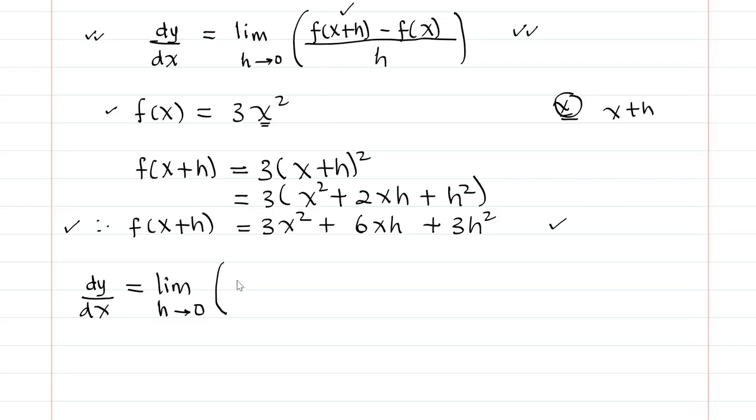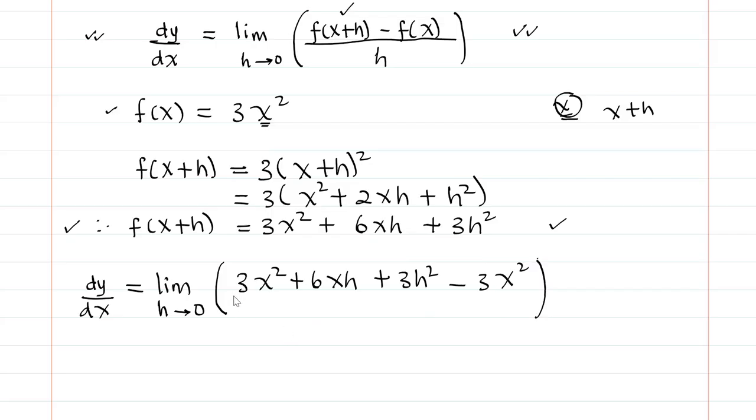It is 3x squared plus 6xh plus 3h squared. That is f of x plus h. But the formula says that we subtract away f of x. What is f of x? F of x is 3x squared. F of x is a single term. It is one term. But if it was more than one term, then we put it inside a bracket.